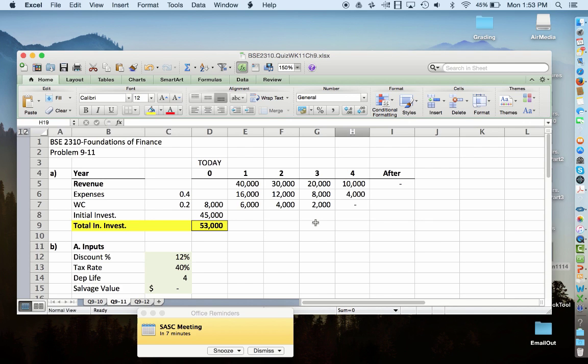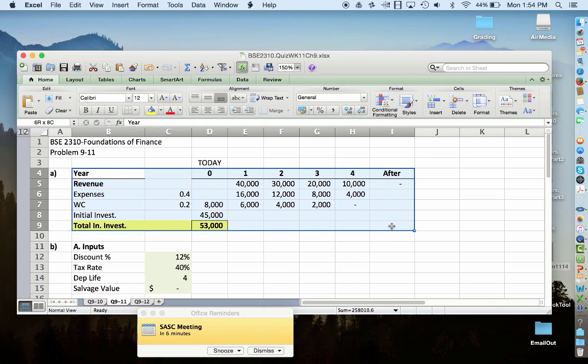So what I would do to set this up is something like this. What I have highlighted here. Across the top, I would enter the numerical values 0, 1, 2, 3, 4, because we're given 4 cash flows. And then I'd have a 5th column, or 6th column, I guess, for thereafter, just in case.